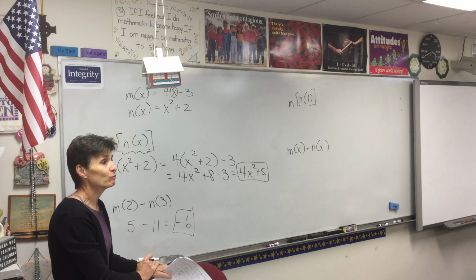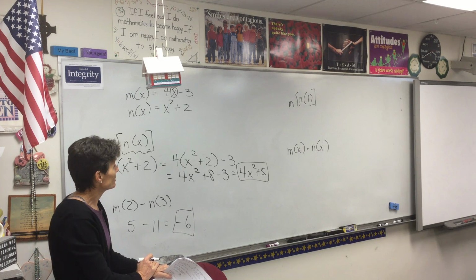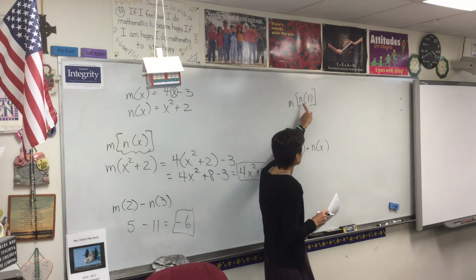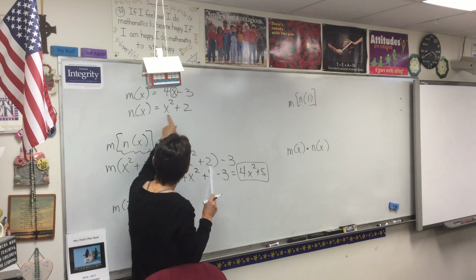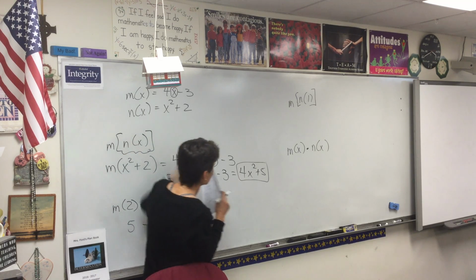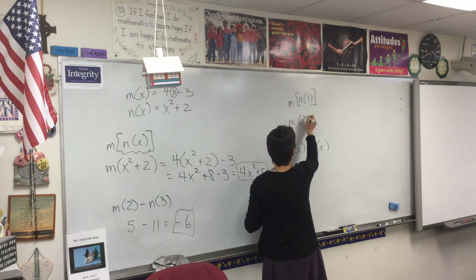M of n of 1. What do I need to do? Put 1 into n. So I'm going to put 1 into n. So what do I get when I put 1 into n? 3. So I'm going to find m of 3.